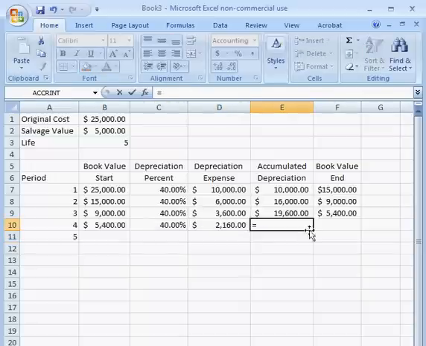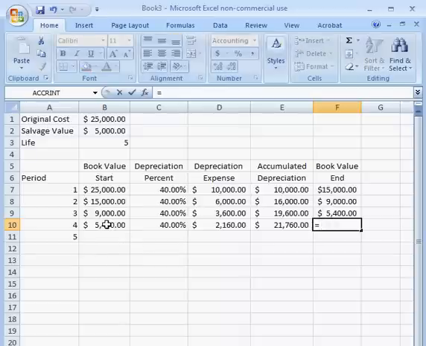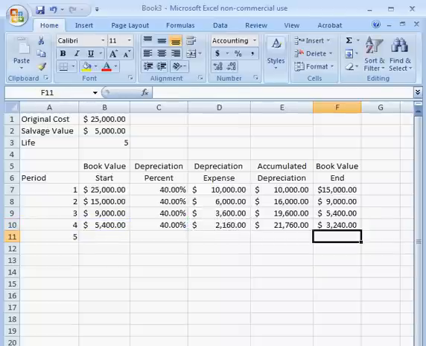The accumulated depreciation is the $19,600 plus the $2,160, which gives us $21,760. And the book value at the end is the book value at the start, subtract the depreciation expense. But look here, we have a slight problem.